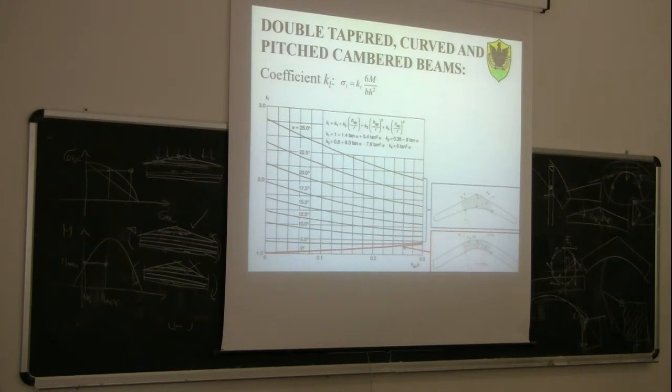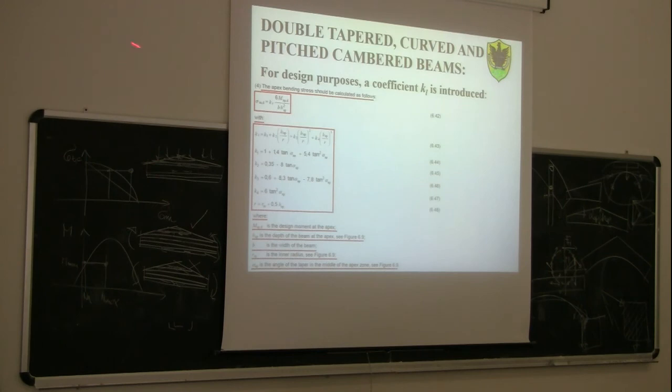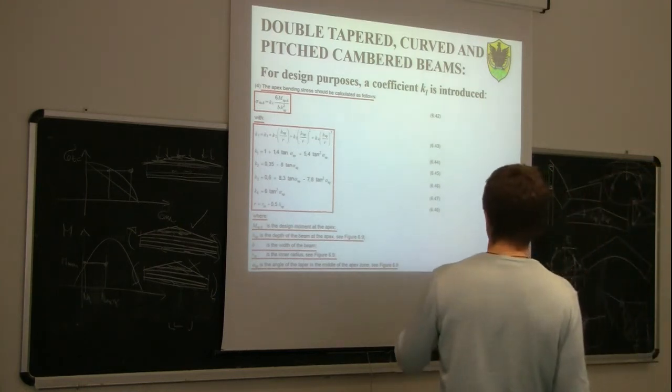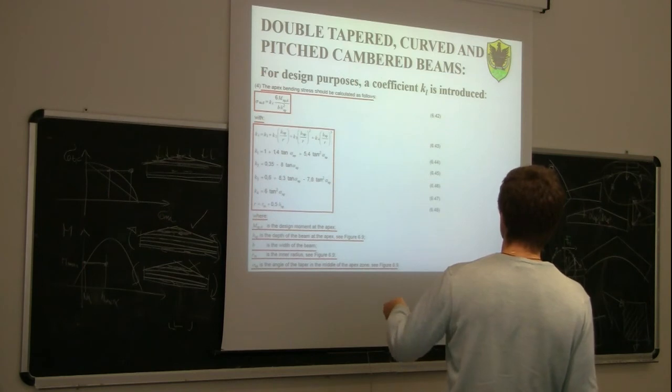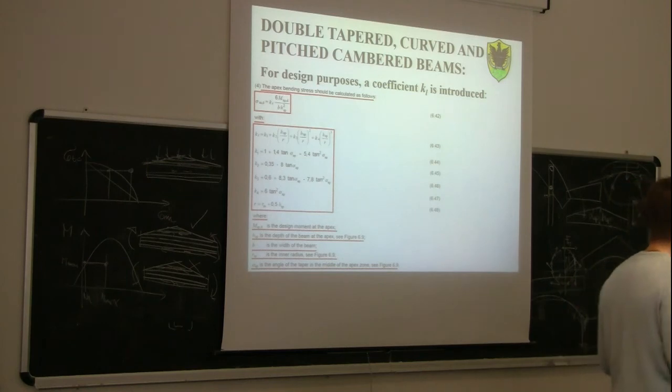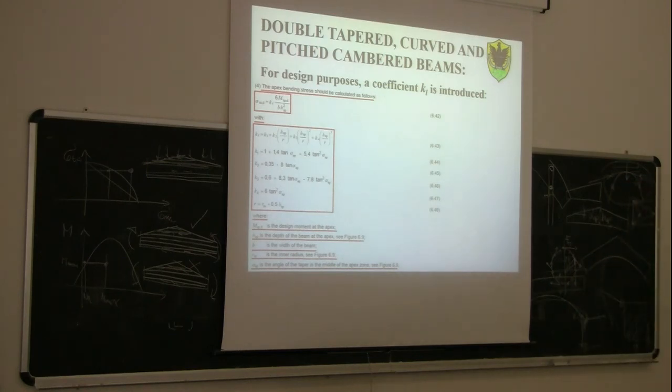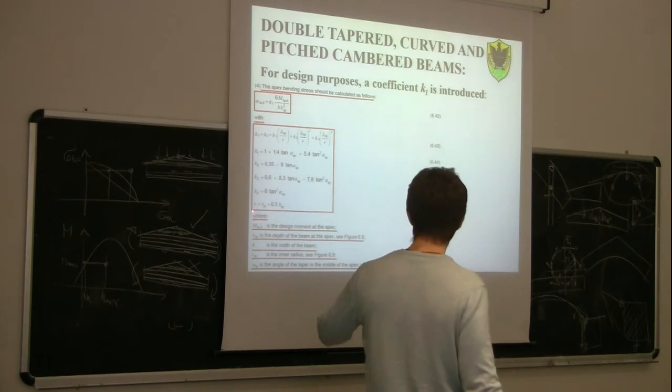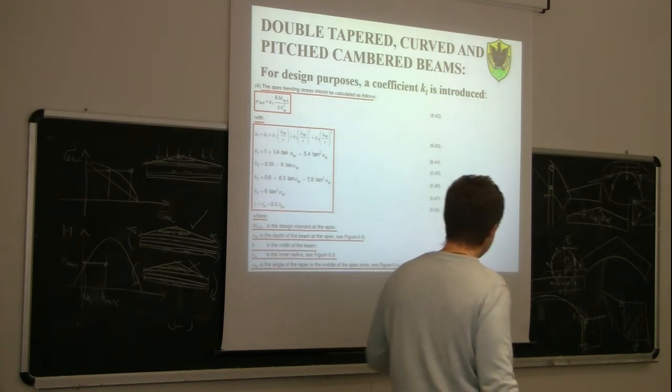So in other words, if we go back to the formula, we have a general formulation where this modification coefficient, it's not a reduction, sorry, it's a modification coefficient that we need to put within the Navier formula. It depends on the inclination of the tapering, and also on the ratio between the depth of the cross-section at the apex and the radius of the laminations. The radius of the lamination, you can see, is the inner radius.